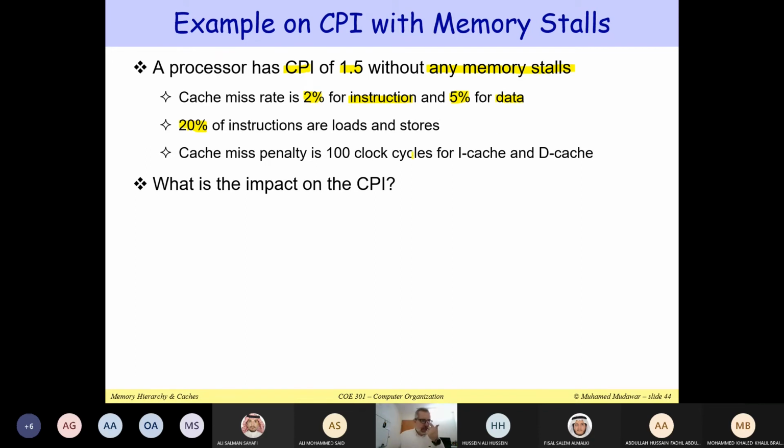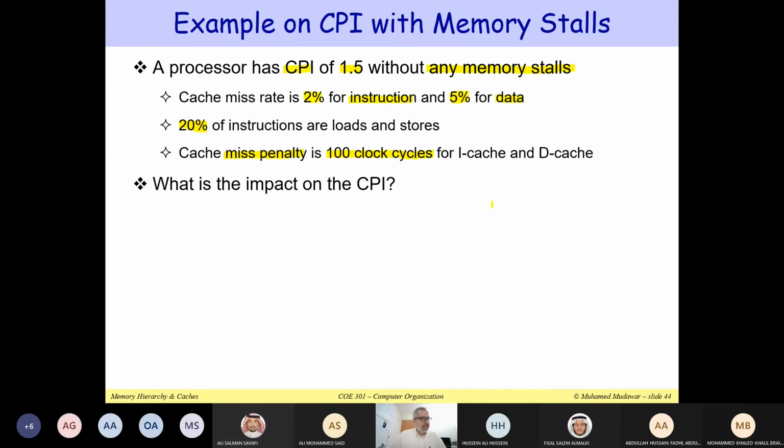So that's my load-store frequency. And again, the cache miss penalty is 100 clock cycles. That's a large number. Every time we have a cache miss, that's the miss penalty. We should not forget about the miss penalty. So what is the impact on the CPI?